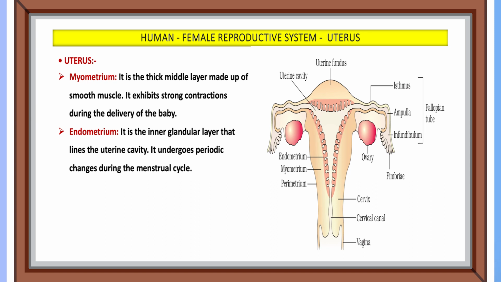This is the myometrium which exerts strong contraction during the delivery of the baby. The endometrium is the inner glandular layer that lines the uterine cavity. This facilitates implantation. It undergoes periodic changes during the menstrual cycle.